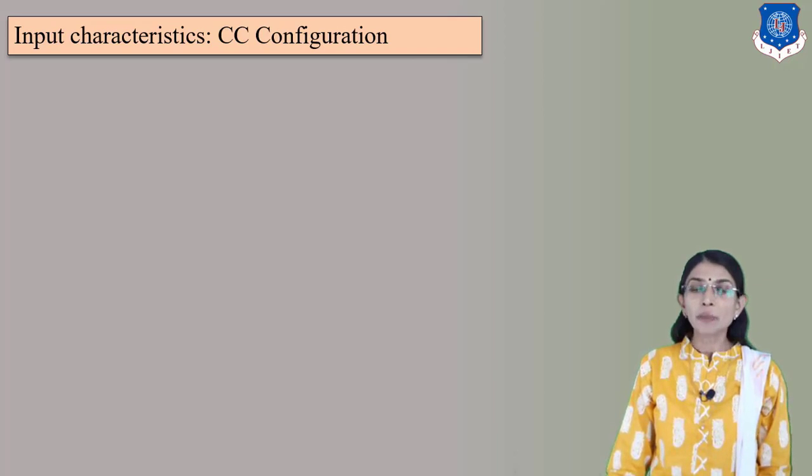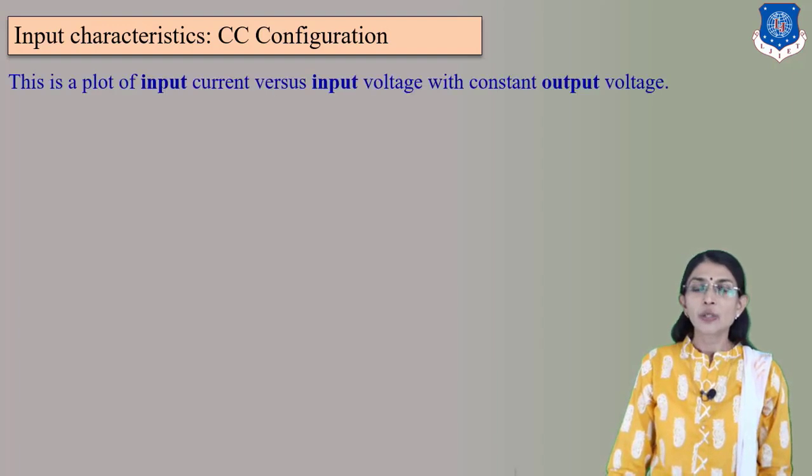For input characteristic, we will draw the graph between input current versus input voltage. The condition for drawing the input characteristic is to draw the plot of input current versus input voltage with output voltage constant. What is the output voltage from the circuit diagram? The input voltage is VBC and output voltage is VEC, right?